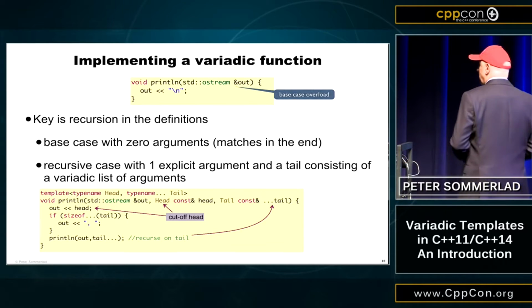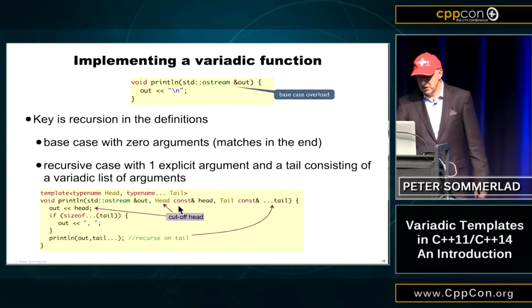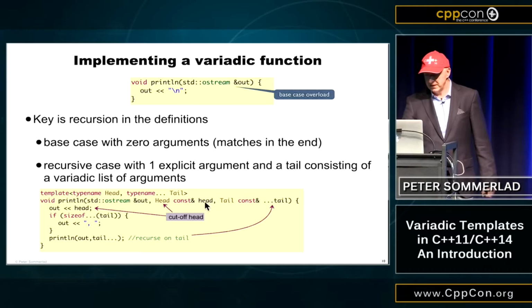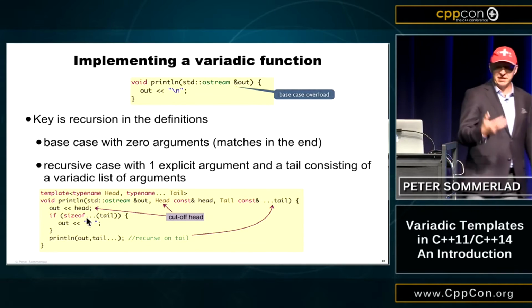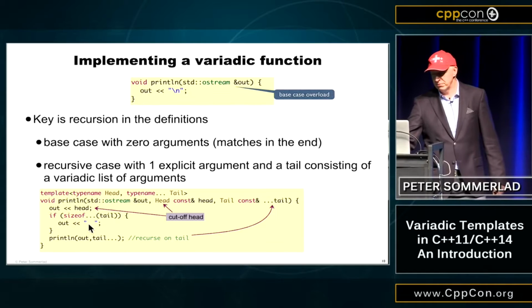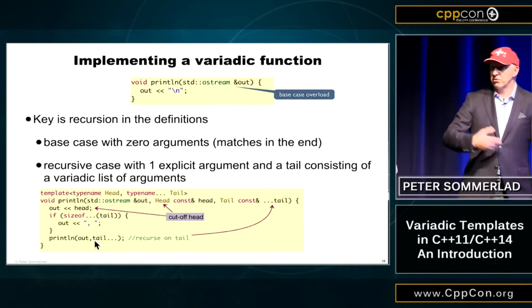And then we have an implementation where we spell out: we have our stream to pass, and we have the head and the tail, and now we do something with the head, outputting it on the stream. If there is still something in the tail, we just arbitrarily place a comma there and then call println for the rest of the elements.